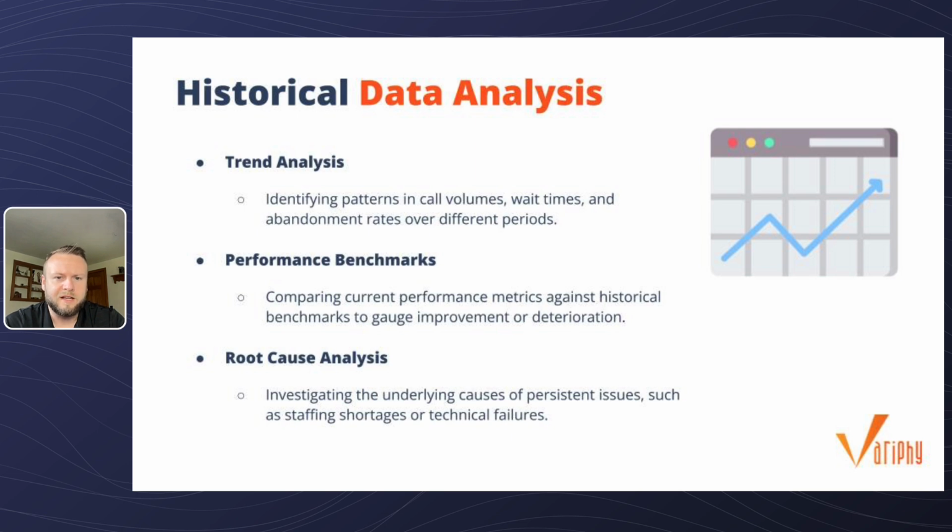So historical data analysis, when I think about this, is really going to be about understanding agent performance over time, as well as queue-based performance over time. From an agent perspective, like I just mentioned, when you have a new hire, the expectation is their call duration is going to go down and their call volume should go up.